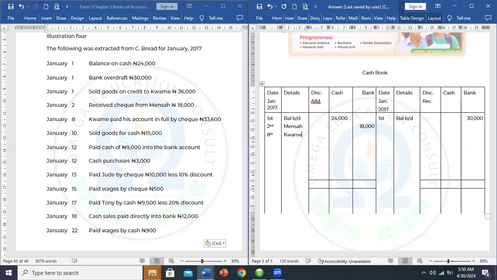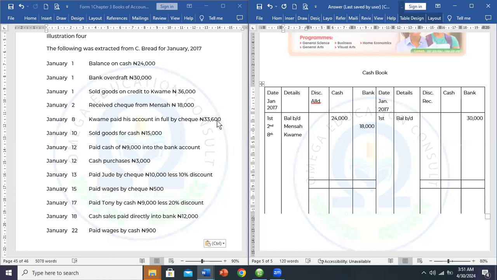But before we put in the amount, let's analyze something. How I wish one of you would have given me what I'm expecting. But anyway, let me tease your brains. Kwame is the customer or the debtor we sold to for 36,000. And they are now telling us that he paid his account in full by check for 33,600.